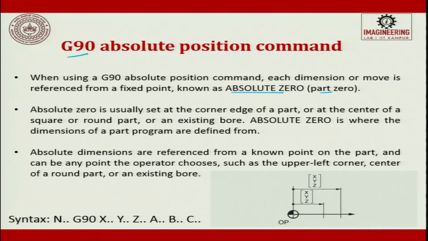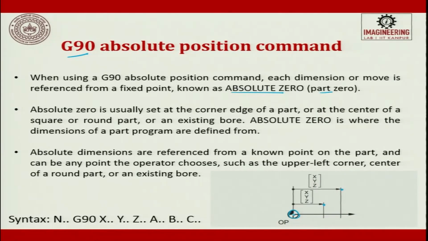So, this is the absolute 0, 0. From this point I define the XYZ for this and the XYZ for this. Absolute dimensions are referred from a known point on the part and can be any point the operator chooses, such as the upper left corner, the center of the round part, or the existing bore. So, he can choose anywhere.